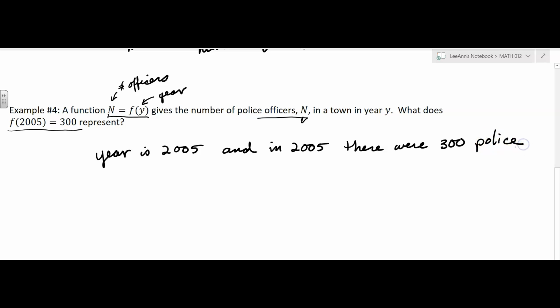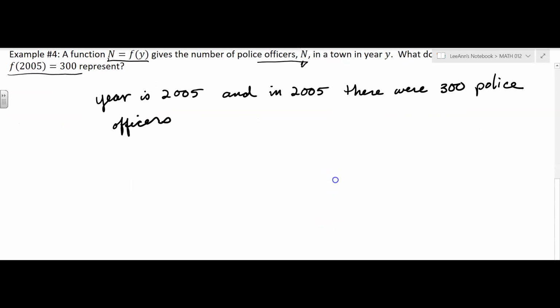So we're just trying to establish what's the input, what's the output. And you might have a chart that has how many police officers were in each year since 1970 or something. And so you could look up the year, and then it's going to give you how many police officers there were. Okay? So just a little example of that.